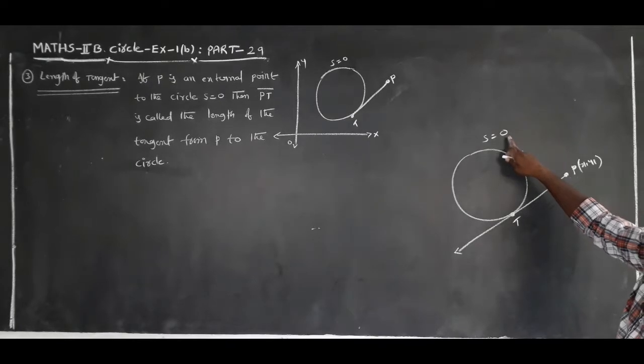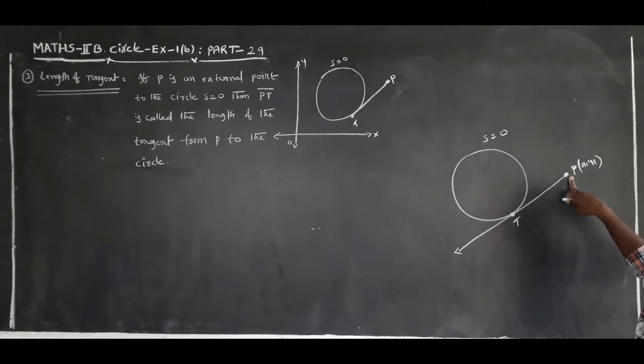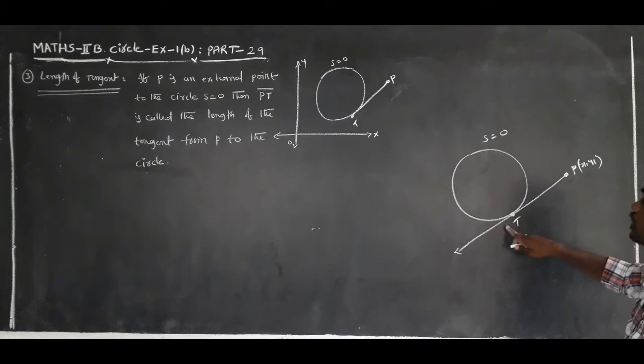S equal to 0 is the circle and P(x1, y1) be any exterior point of the circle.